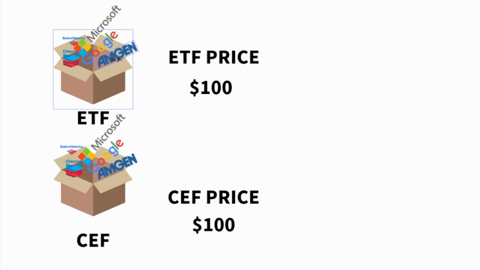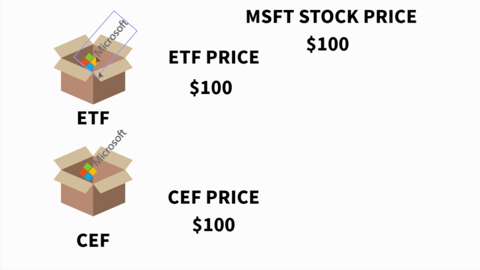So instead of having these two different boxes with a bunch of different stocks, we're going to just have each box hold just one stock, Microsoft. So let's say each of these boxes hold 1 million shares of Microsoft each, and the price of Microsoft at the time is $100, and so the price of the ETF is $100 and the price of the CEF is $100.